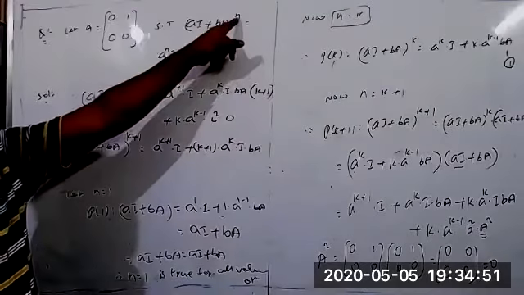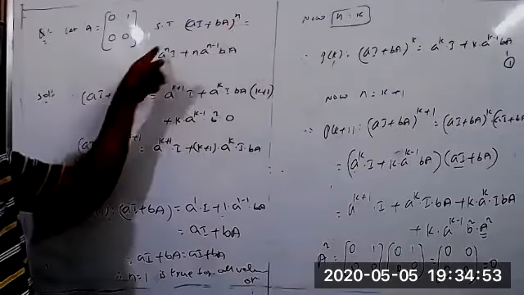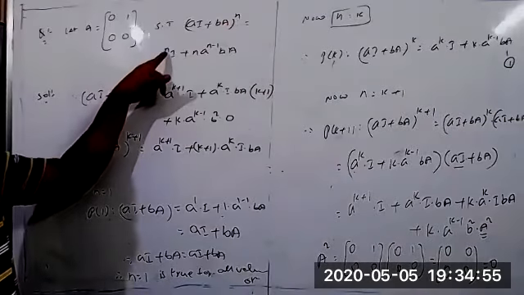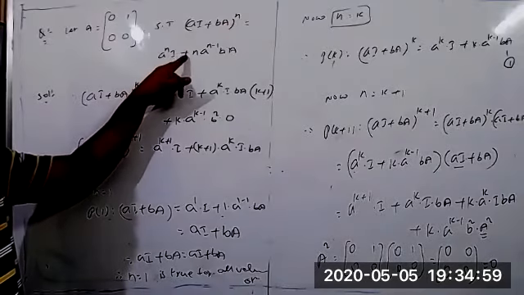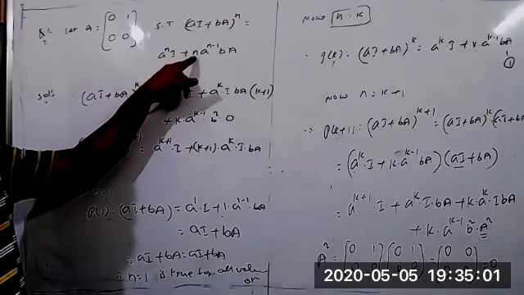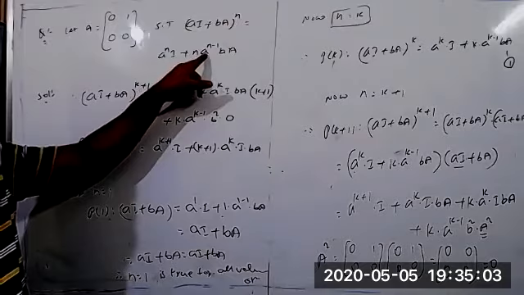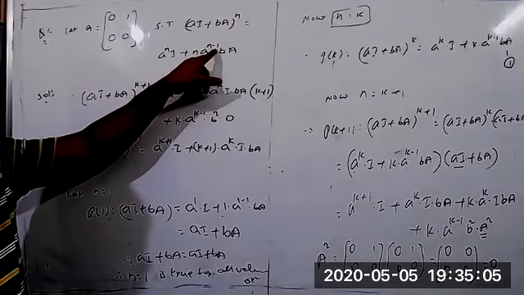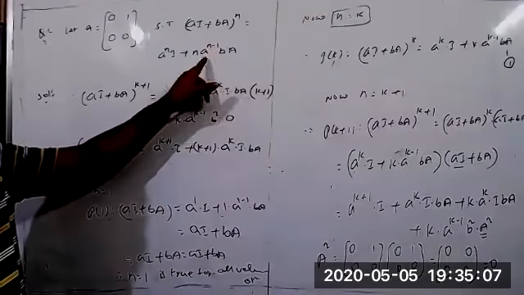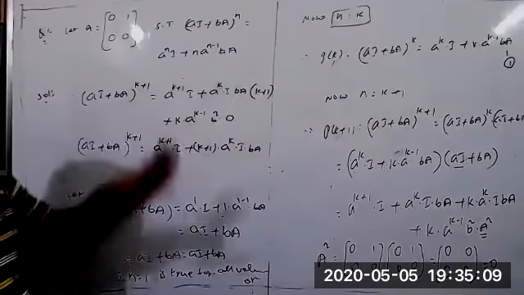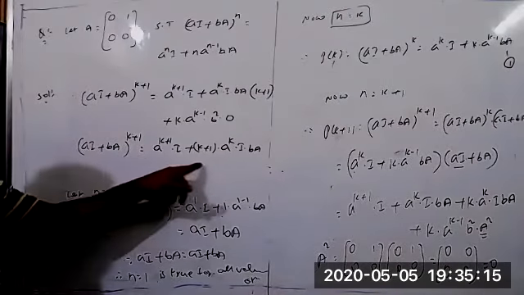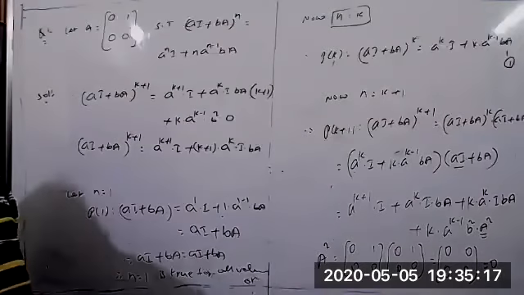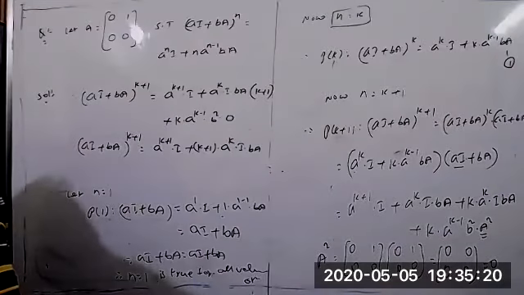I plus ba whole power k plus 1 equal to, here you can see now, a power n with n equal to k plus 1. So a power k plus 1 into I plus k plus 1 into a power k plus 1 minus 1; minus 1 plus 1 will be cancelled. So a power k into ba. We got same value.